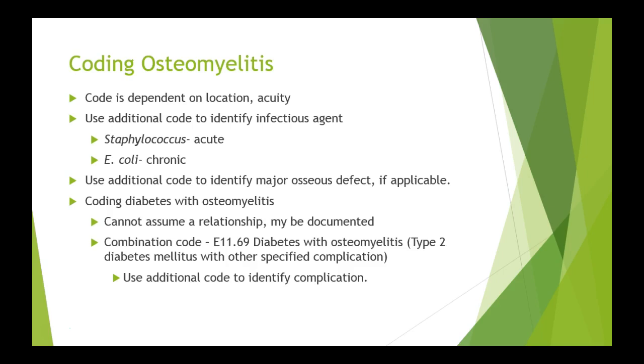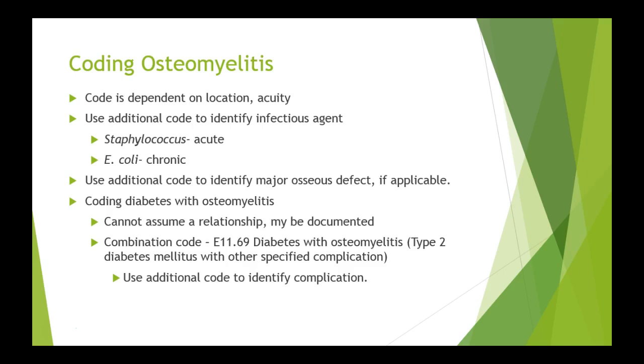So take a look at that. It says to use the additional code to identify the infectious agents, which is typically a B code. Commonly with our acute osteomyelitis, we see Staphylococcus is the issue, and more commonly for the chronic type of bone infections, we're going to see E. coli. Of course there are other things that would apply as well.